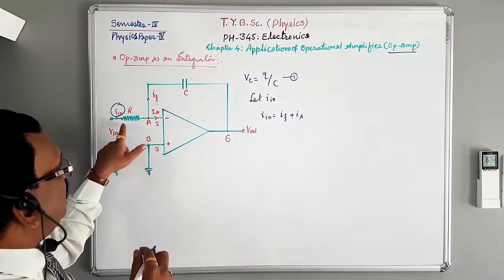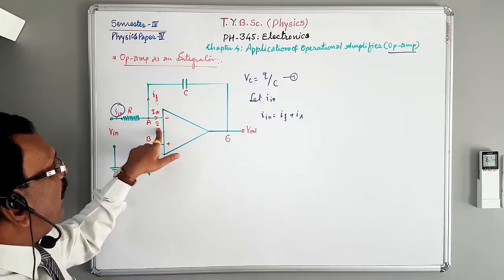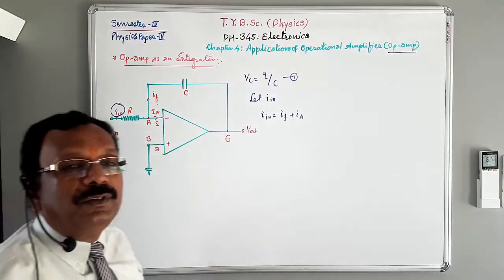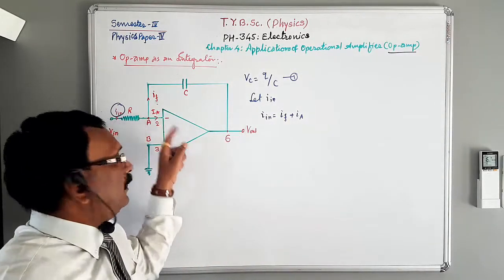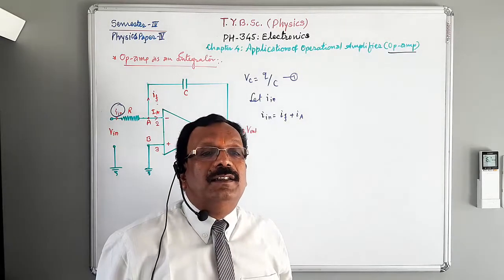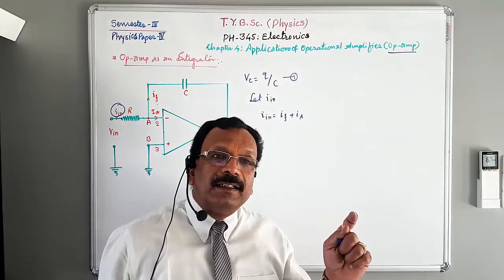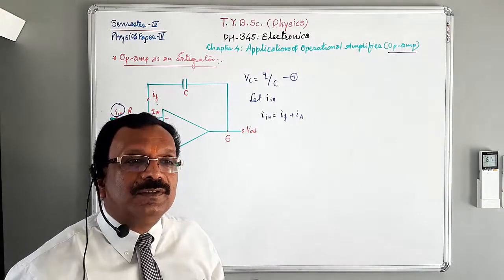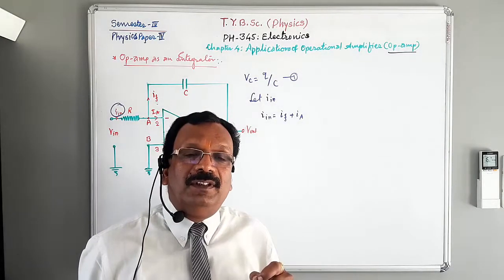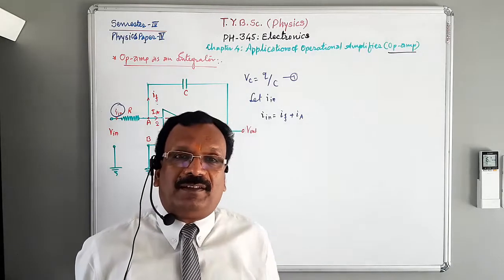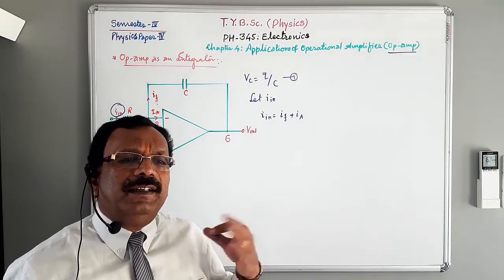That means this input current gets split into two branches, the feedback current and the current IA through the inverting terminal. But ideally, the inverting current IA is 0. Practically it is very small, up to some nanoamperes, so we can neglect it.